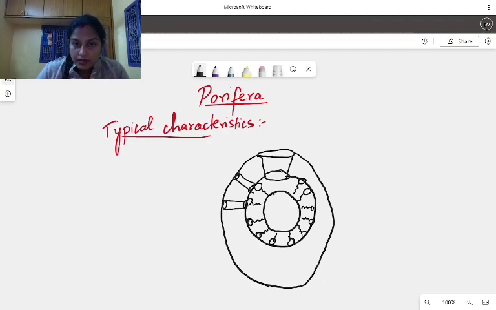Exterior, you are drawing some barrel shaped cells.